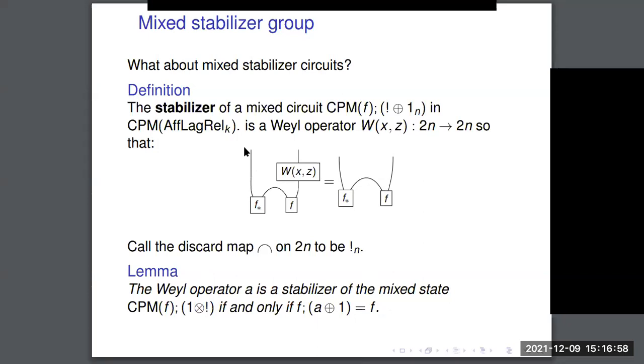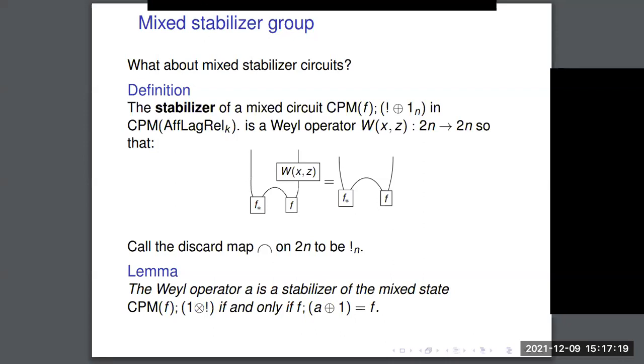The setting that we're going to be working in for the next 2 slides is the category CPM of affine Lagrangian relations. If k is F_p for p an odd prime, then you can think of this as stabilizer circuits with the maximally mixed state.